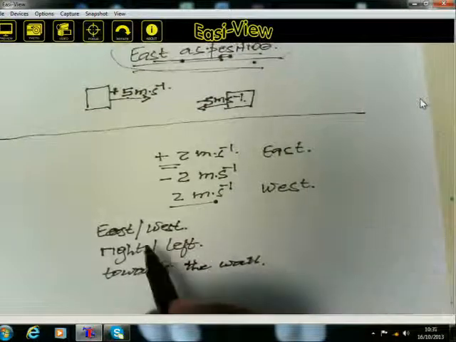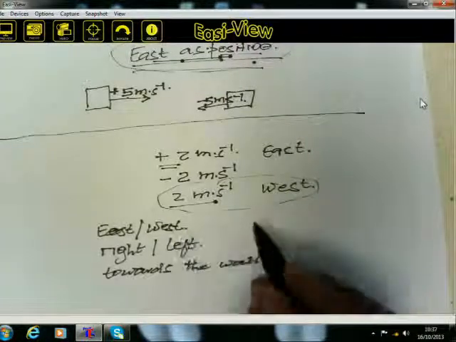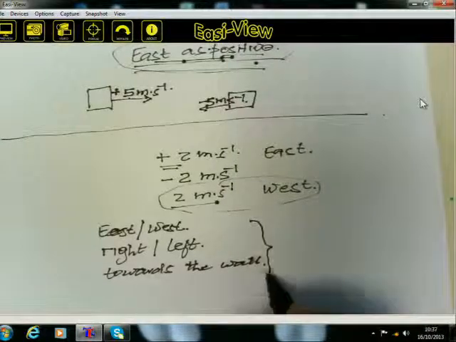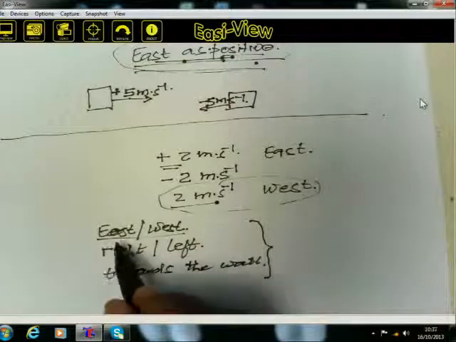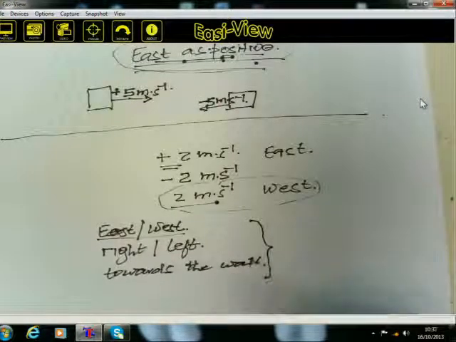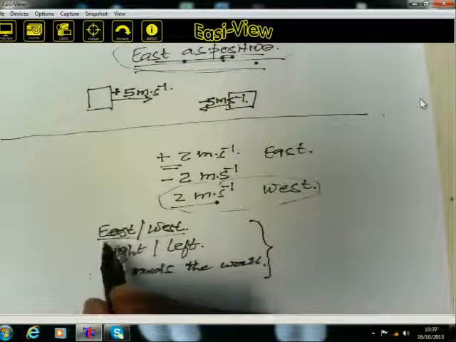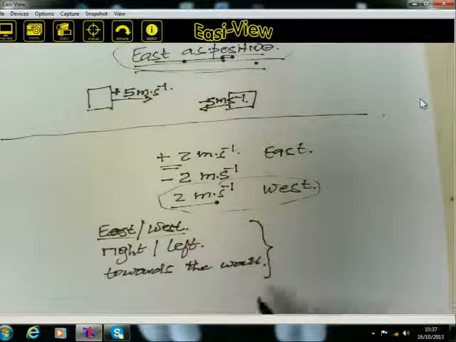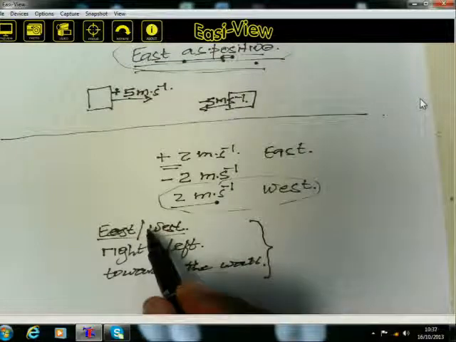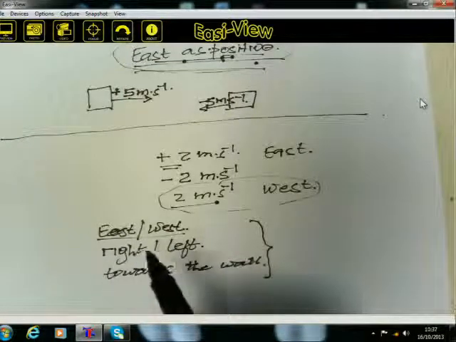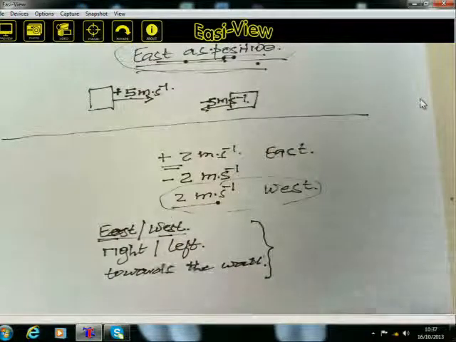Now what you have to do is, in your final answer, your direction should make use of the words that the examiner has used in the question. So if the examiner had used a statement like a car is traveling in the direction east or eastwards, then in your final answer, when you have to determine, say, the velocity of that car, you must indicate whether the car is moving either east or west, depending on your choice of direction.